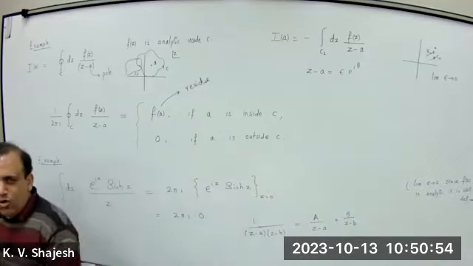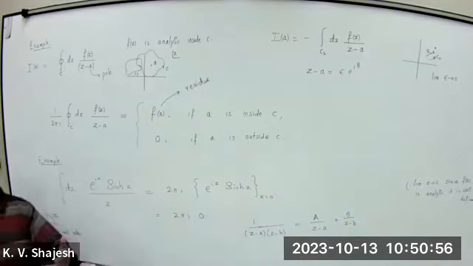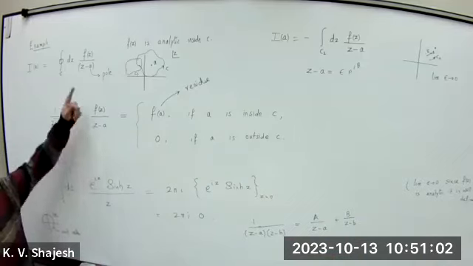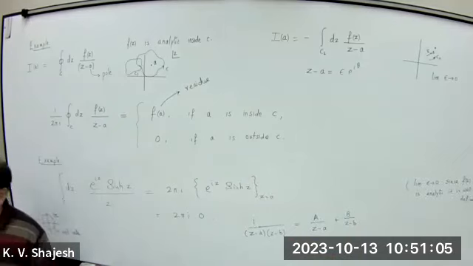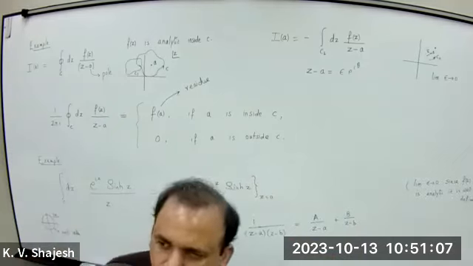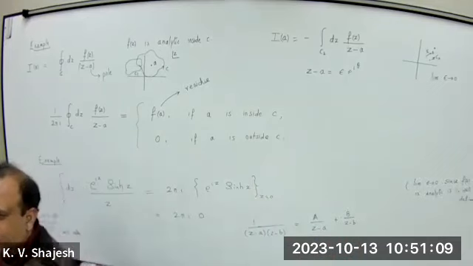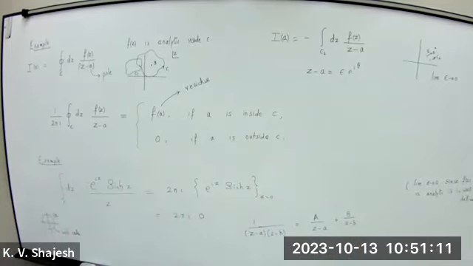So a whole class of integrals you can immediately do using the residue theorem. It uses a very simple idea that around the pole, the integral gives the value of the function itself.